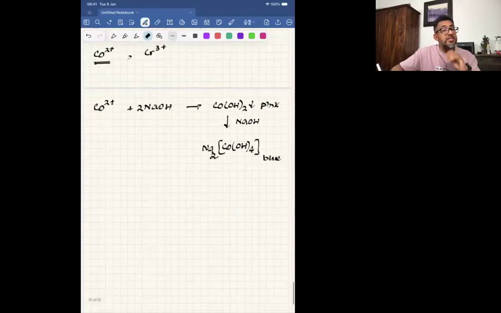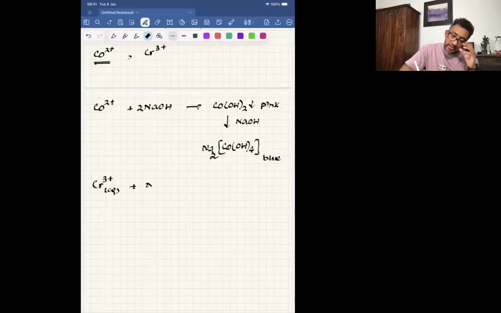Chromium plus 2 is unstable. Stable one is chromium plus 3, aqueous. If you add sodium hydroxide to that, what would happen? First thing is, it gives you chromium hydroxide green precipitate.